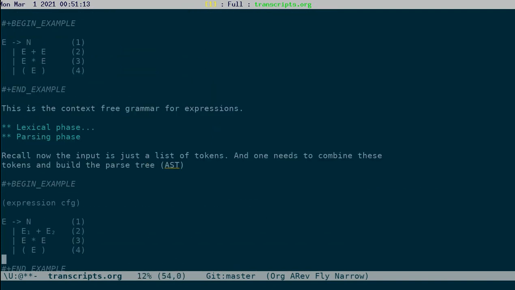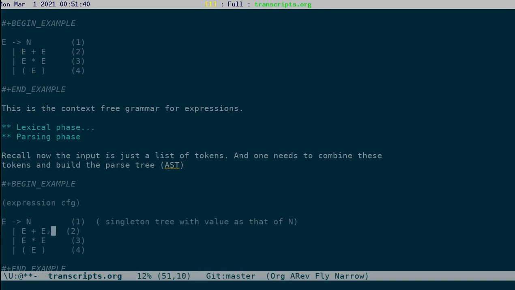Let's go back to these rules and associate tree building rules. Okay, so for example, for this production we can associate the AST build as a singleton tree with value as that of the n. Okay, so we can build this rule like this. Okay, what about this rule?